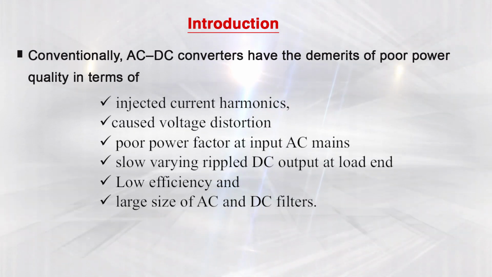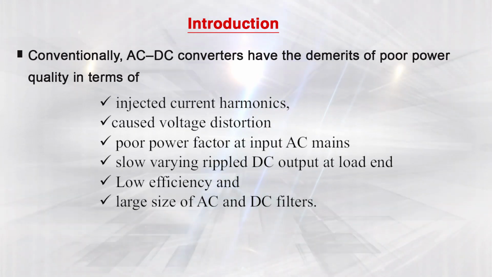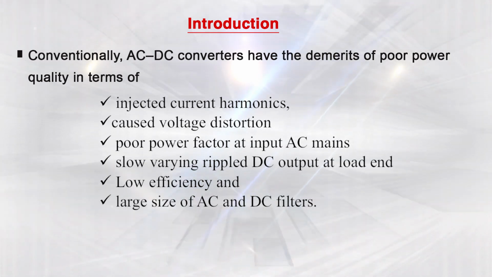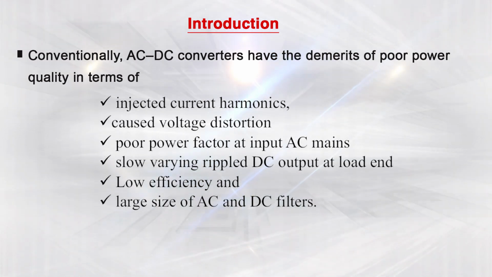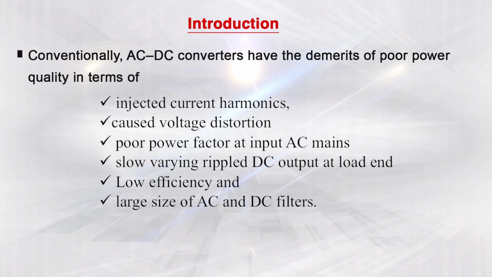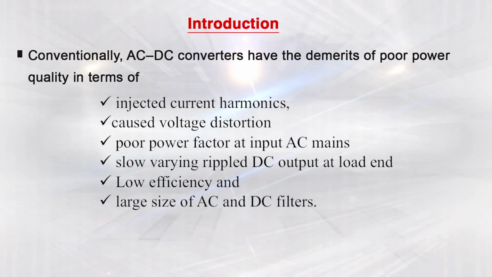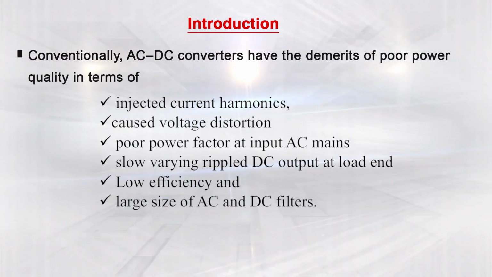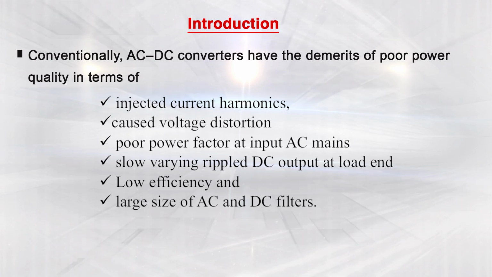There may be voltage distortion and poor power factor, as we discussed; this distortion factor reduces our total power factor. There is also a slow varying ripple in the DC output at the load end, if we have single phase topologies.